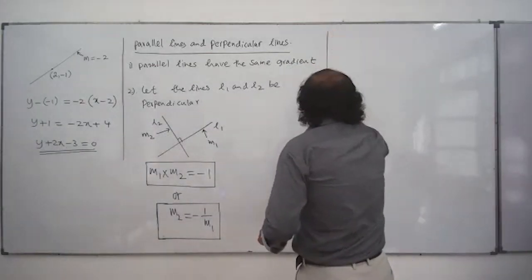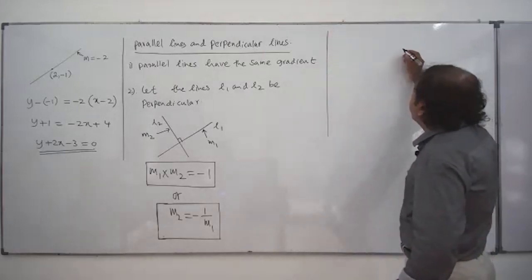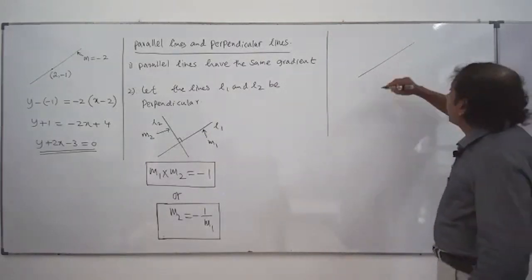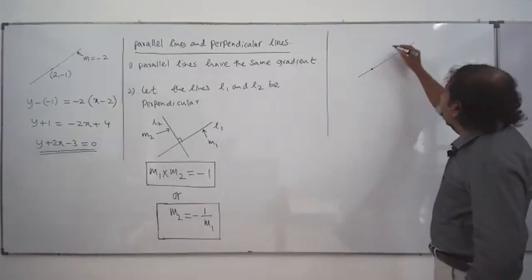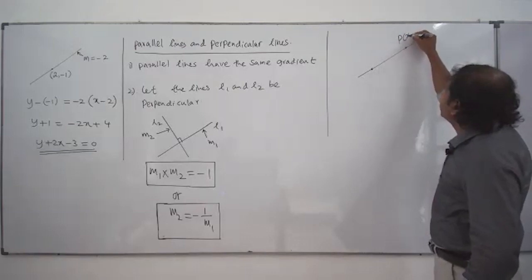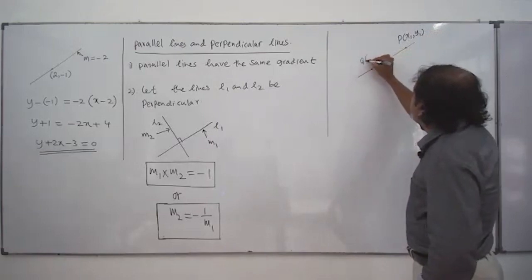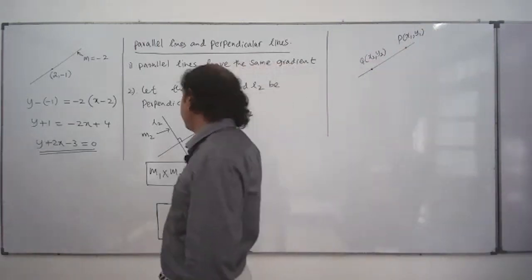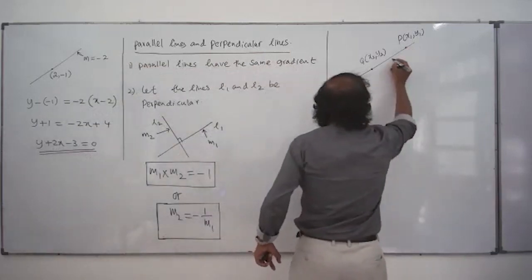People, now suppose we have this way a straight line. On the line, there are 2 points. Suppose this point is P, coordinates x1, y1. This point Q, coordinates x2, y2. This theory part also we need to work out questions, but I'll mention that also. Now, there are 2 points on the line P and Q.